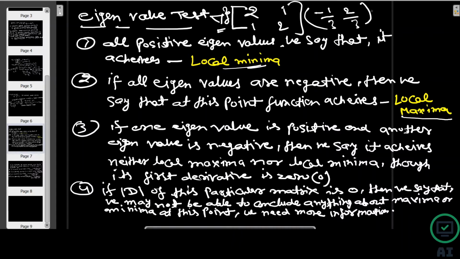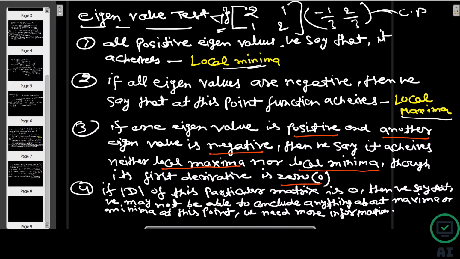At this point means the critical point we have already found out. And the third point is, if one eigenvalue is positive and another eigenvalue is negative, then we say it achieves neither local maxima nor local minima, though its first derivative is 0.